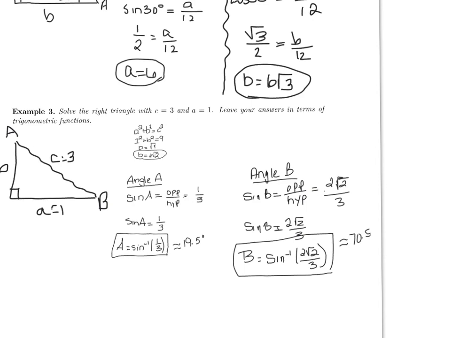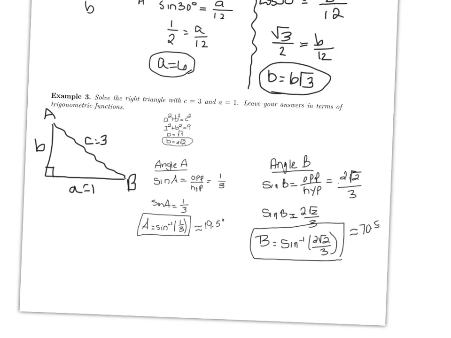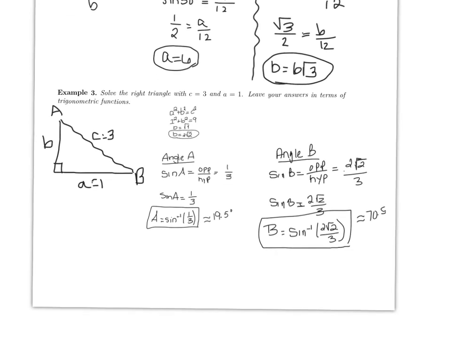And just as a quick check, 19.5 plus 70.5, plus our 90 degrees. We always want to make sure that it makes sense in terms of the sum of the angles in the triangle being 180. So here's an example where what information you've started with dictates what the process and your final answers look like.